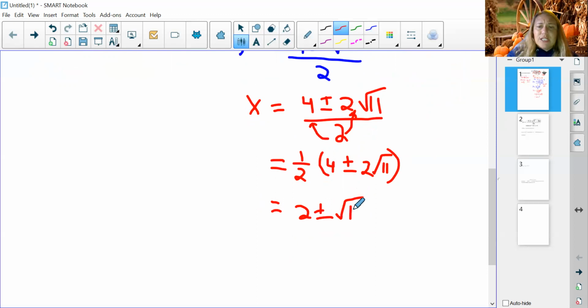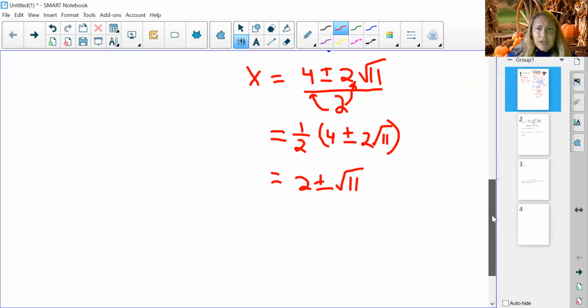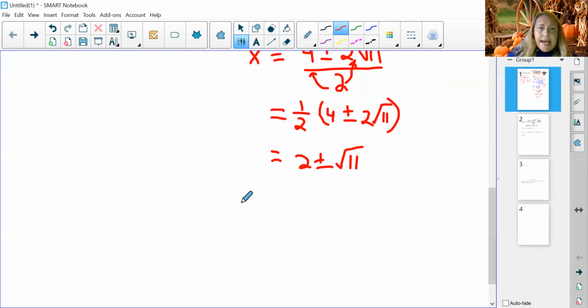So if I told you to change this to a decimal, right, you would need to take out your calculator, and one solution is x equals 2 plus radical 11. So I separate this into the two answers. One answer is 2 plus radical 11. The other answer is 2 minus radical 11.